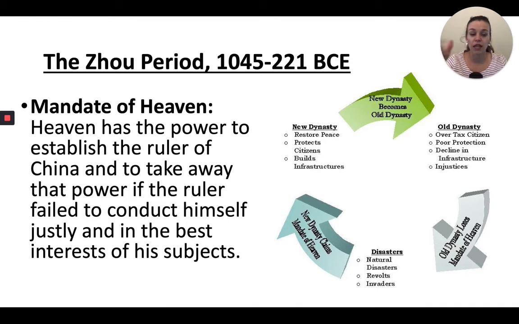So he claimed that heaven, literally the god Tian, right, for the Zhou, their god, it translates to heaven. So the god, heaven, had removed authority to rule from the last Shang ruler and given it to Wu, the first Zhou ruler.